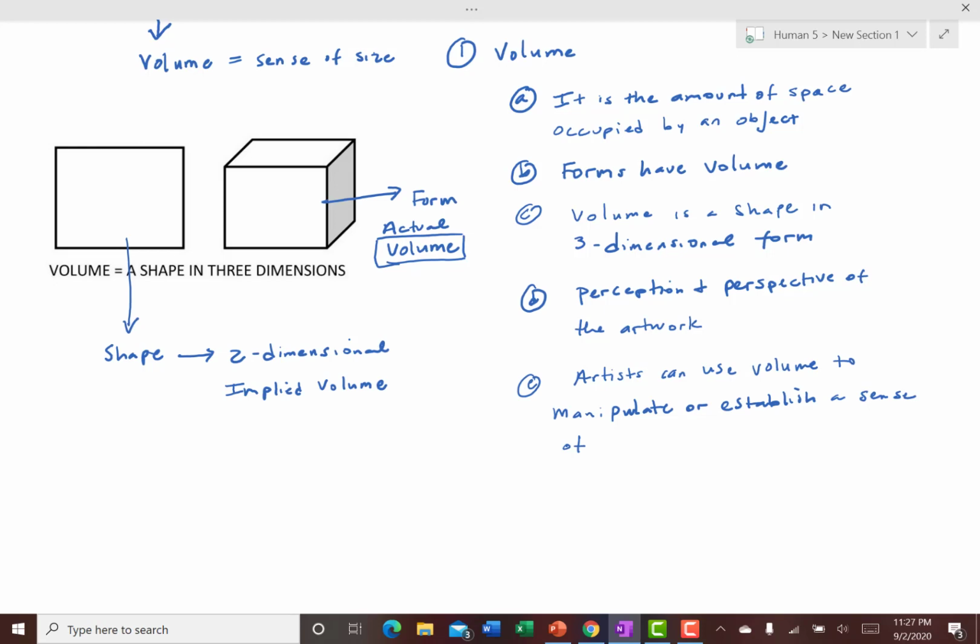So it can manipulate or establish a sense of your size or the artwork's size within the world.